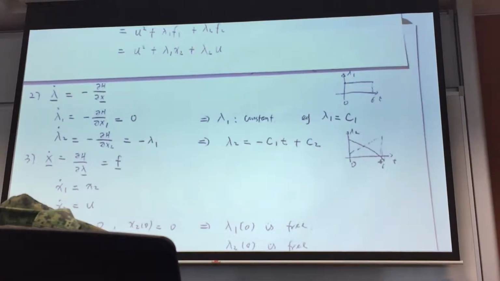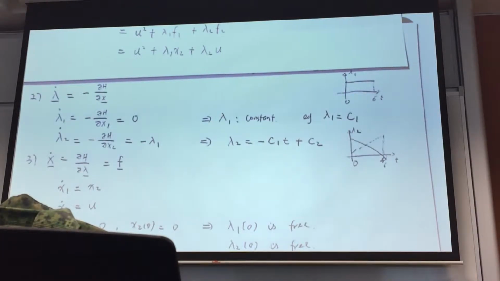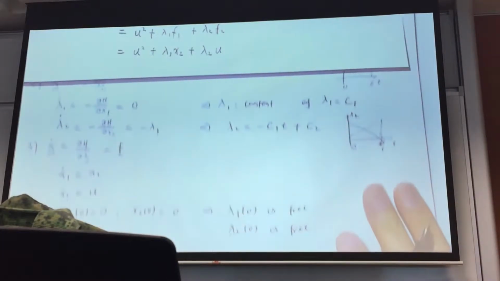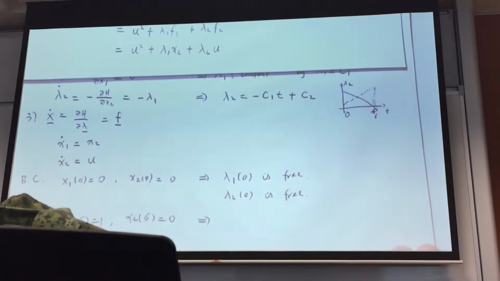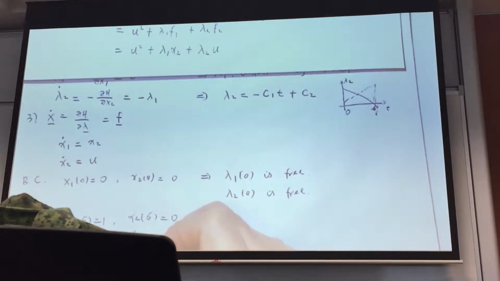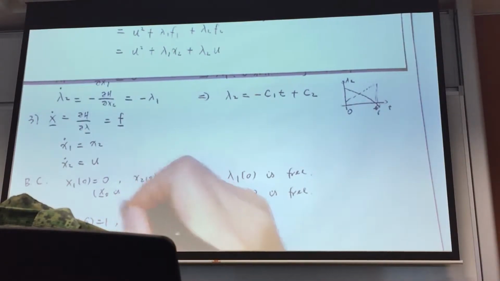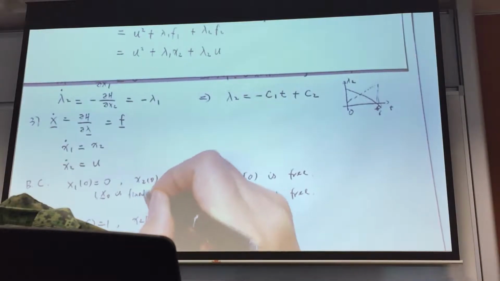For the final state, we have x1(6) equal to 1 and x2(6) equal to 0. So this means this xf is already given, so it's fixed. So here x0 is fixed, scalar.